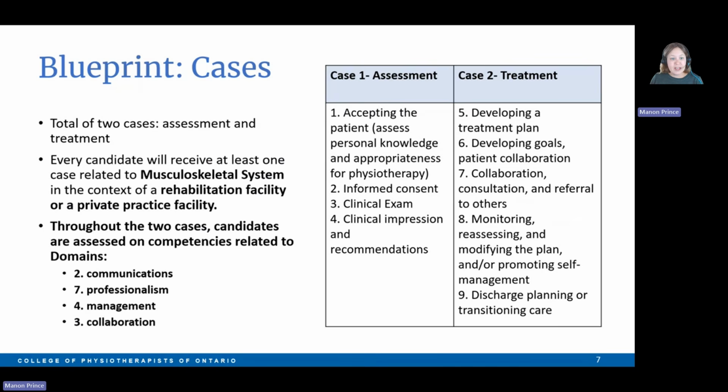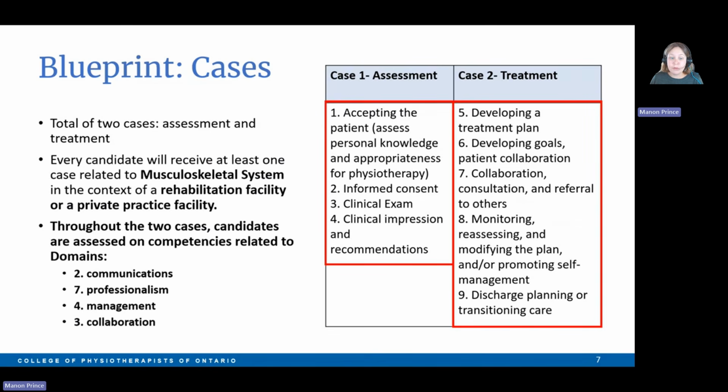As we mentioned, every candidate will receive one case related to musculoskeletal system in the context of a rehabilitation facility or a private practice facility. Case 1 will be on assessment, while case 2 will be on treatment.